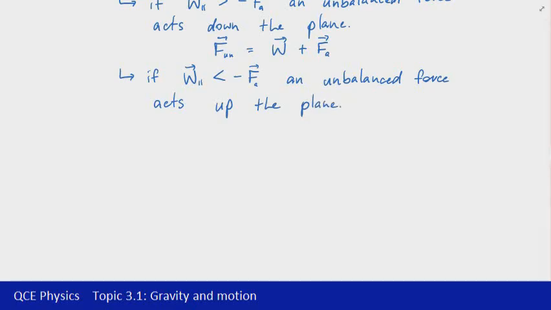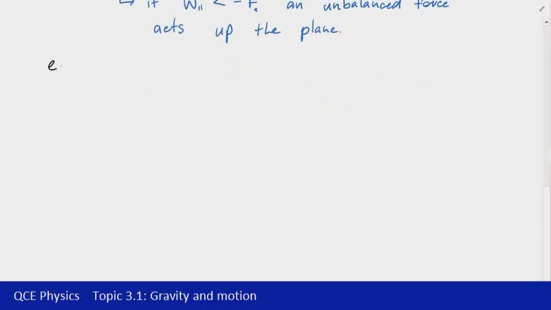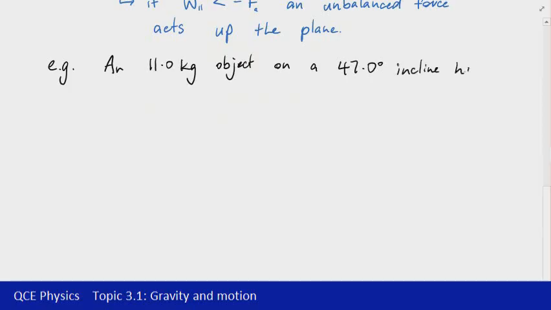To put this into context, let's have a look at an example. And the situation we're going to deal with here is that an 11 kilogram object is sitting on a 47-degree slope or incline, and it has a rope attached to it.